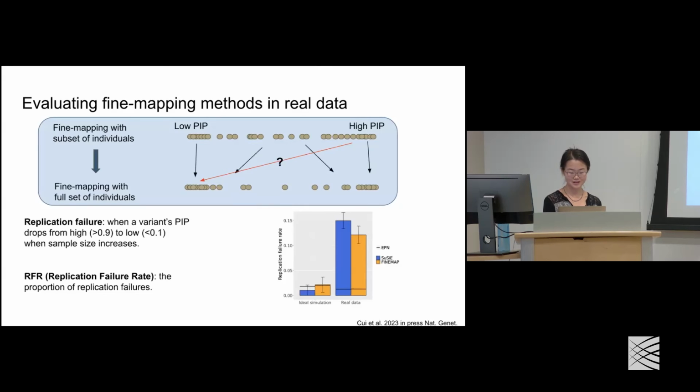So basically, we thought that if we can't compute accuracy of fine mapping, then we can compute consistency. We did 2 rounds of fine mapping for the same cohort with 2 different sample sizes, and we compared the PIP, and we found an alarming amount of inconsistency. And we also found that if we compute this inconsistency in simulations, it is not as alarming.